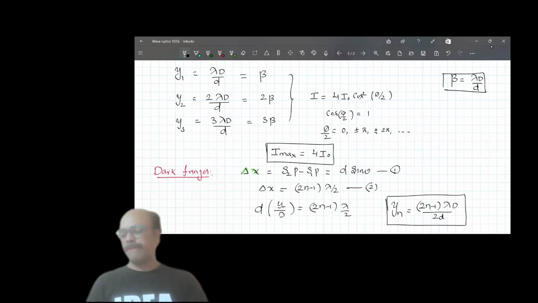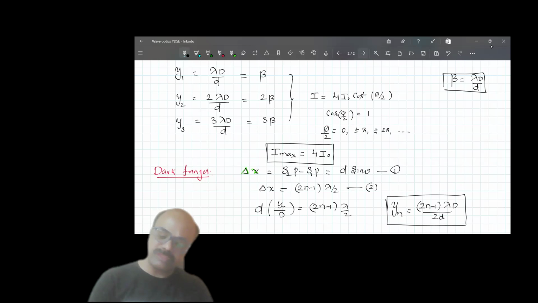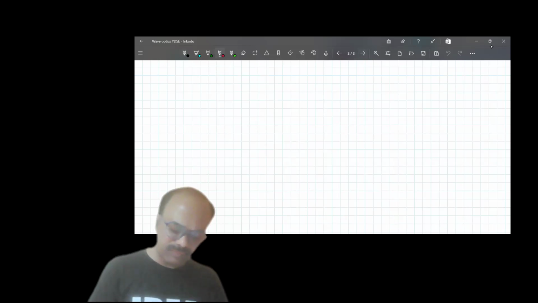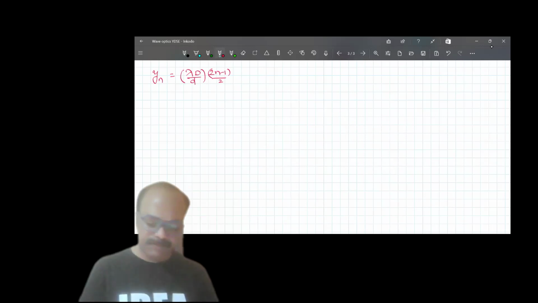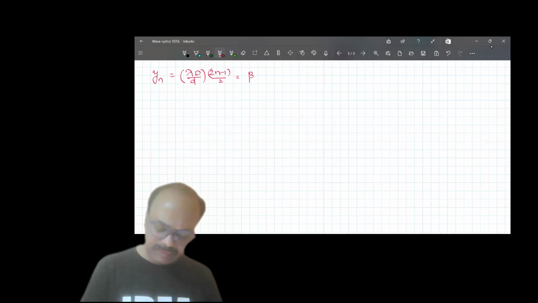This is the dark fringe. Now lambda capital D by small d into 2n minus 1 by 2. Lambda D by d is nothing but beta, so we can replace it: beta into 2n minus 1 by 2.